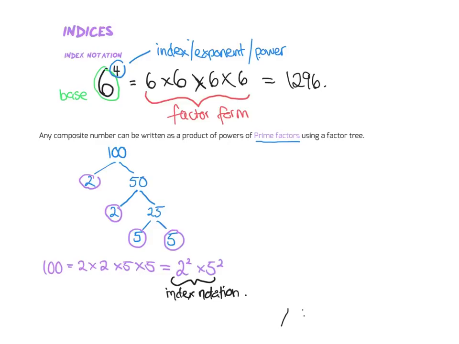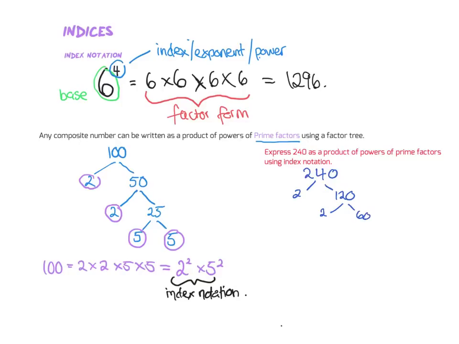Okay, so if we do another one, if we express 240 as a product of powers of prime factors, once again we're going to do 2 times 120, and then I can break that one up to 2 times 60, and then I can keep going. 2 times 30 gives 60, then 2 times 15 is 30. Now prime factors of 15 could be 3 and 5.